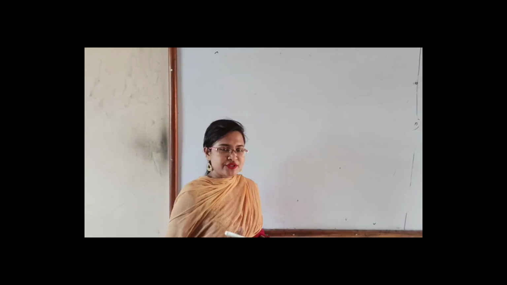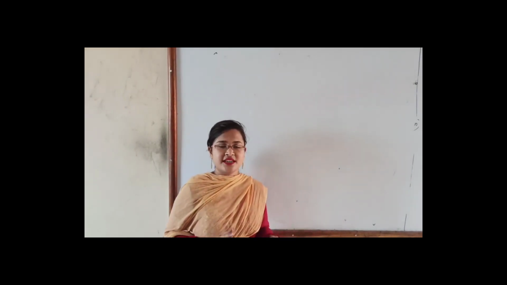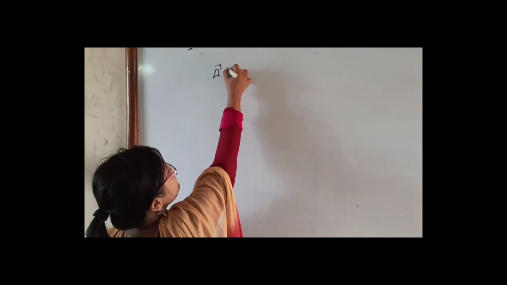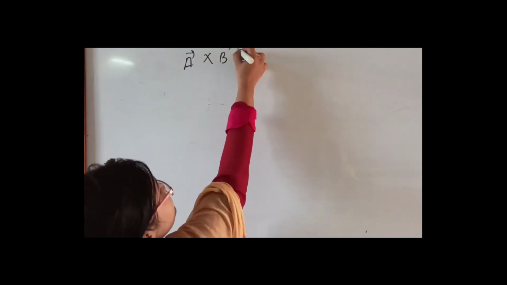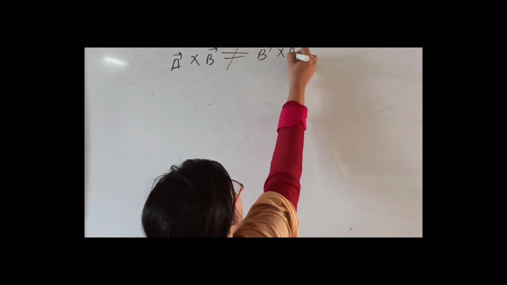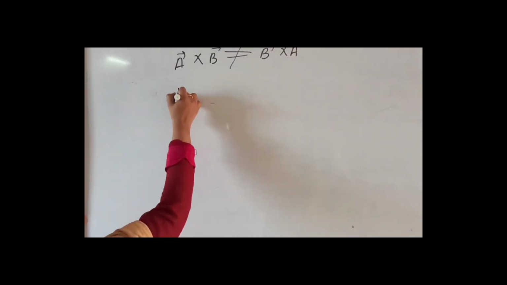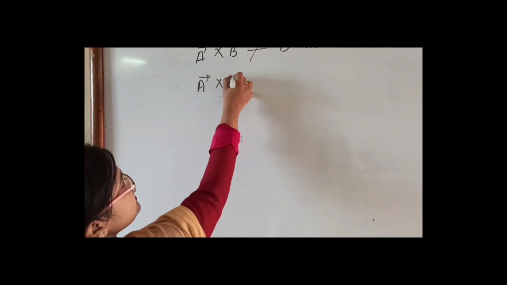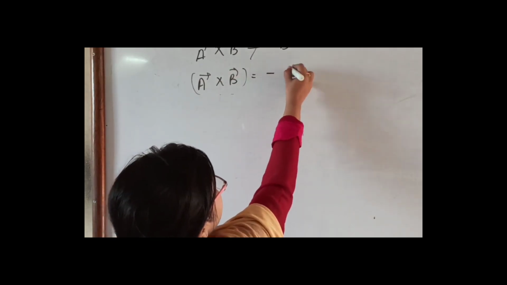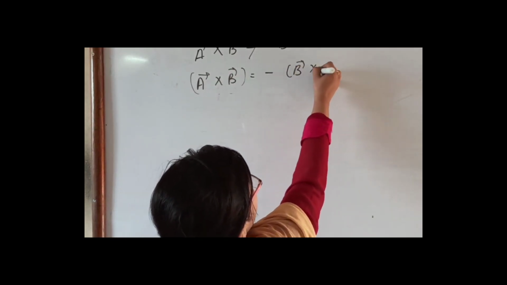In the first property you saw that the vector product is anti-commutative. We know that A cross B is not equal to B cross A, or we can write that A cross B is minus of B cross A. What does the minus sign indicate?